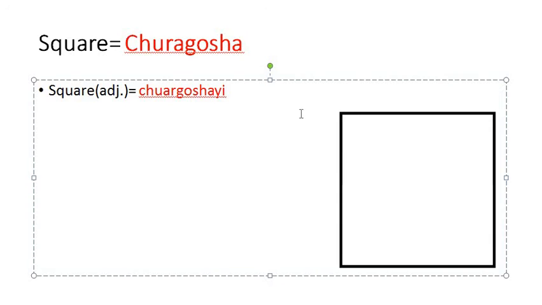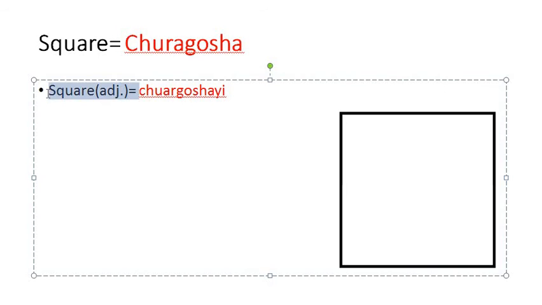Psychopathetically speaking. Anyway, square is chwargosha. The adjective of square in English is still square, like a square room. You don't say a squirrel room. English is weird.